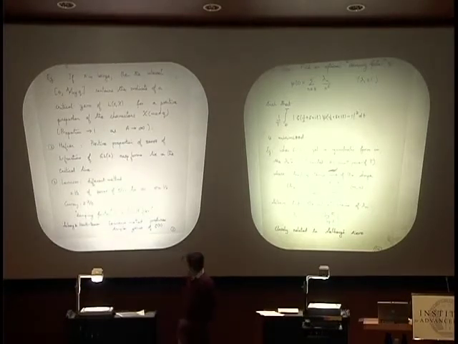Then in the 80s, Hafner adapted Selberg's method to prove that a positive proportion of zeros of modular form L functions also lie on the critical line.